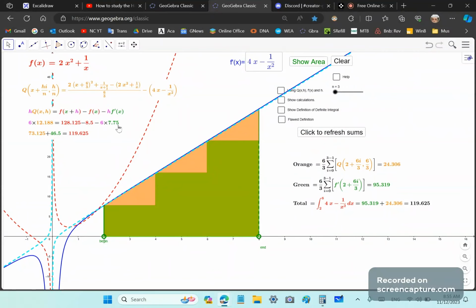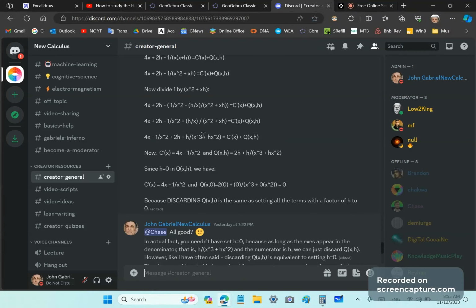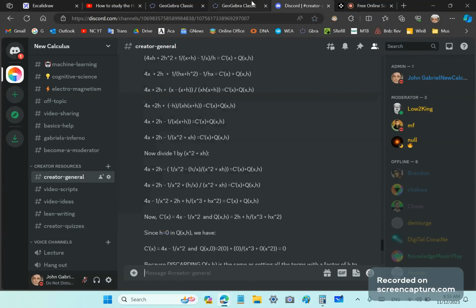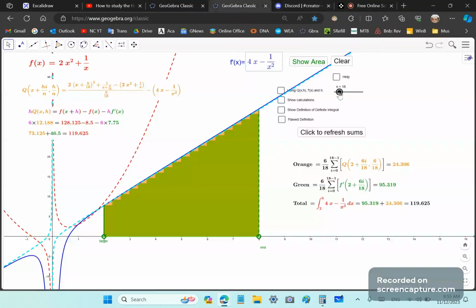So you can follow these steps, and if you have any difficulty, you can come over here and see how they're done exactly. And of course, it doesn't matter what the value of n is, because this value here will always remain the same, except the difference will become less and the green area will increase. So if you had to do that, then they're almost the same, right?